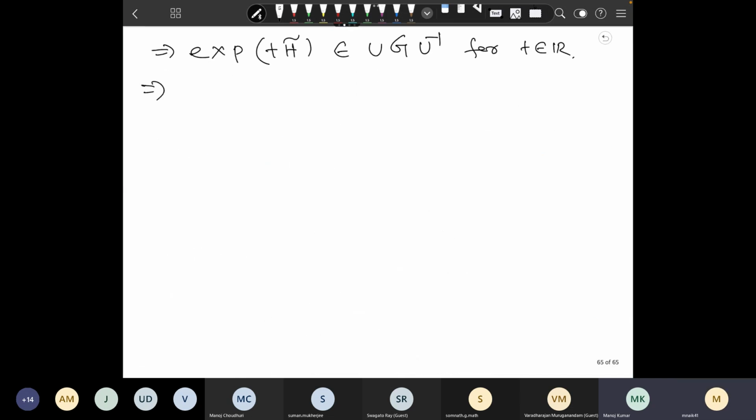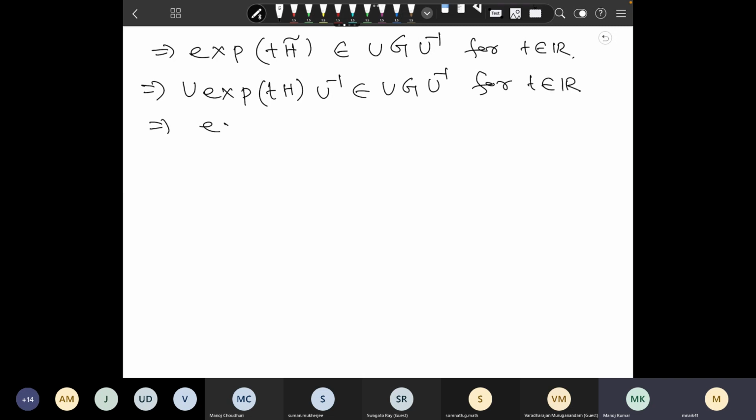So U exponential of tH U inverse belongs to U G U inverse for t belonging to R. Then you cancel U and U inverse on both sides, so that gives you the exponential of tH belongs to G for every t belonging to R. So this finishes the proof of this lemma.